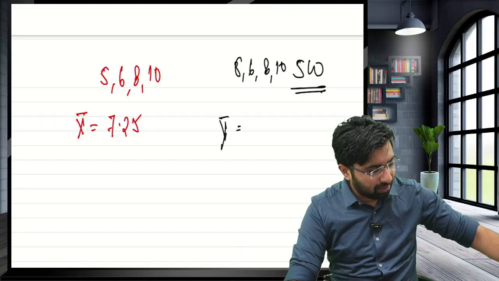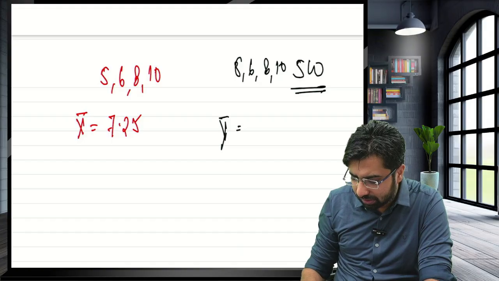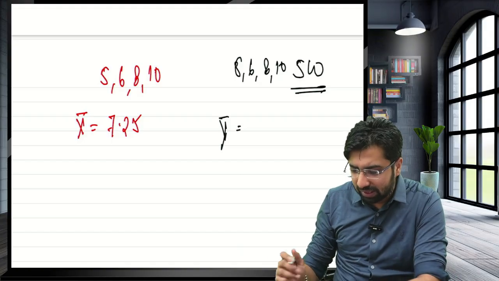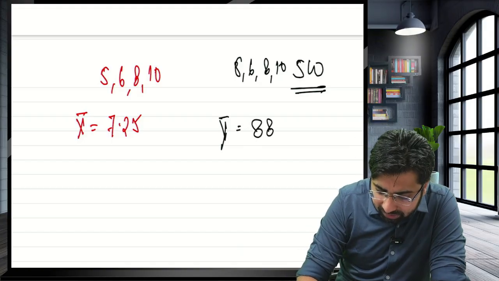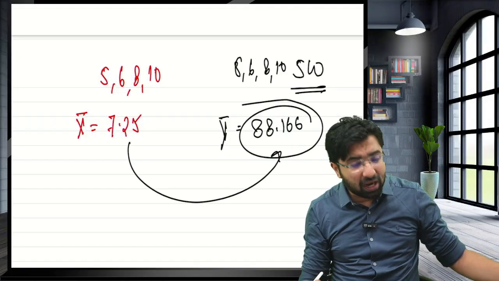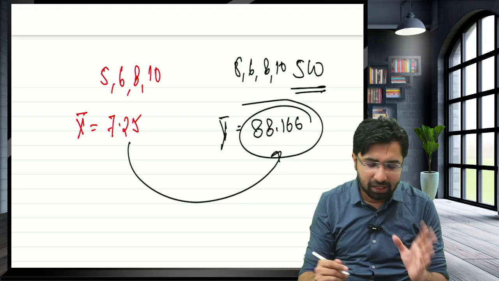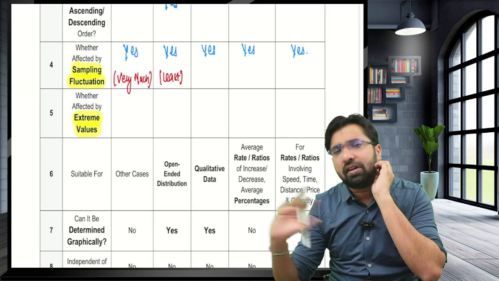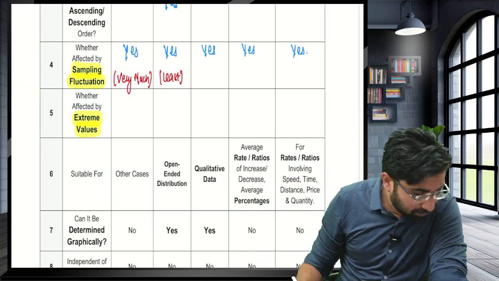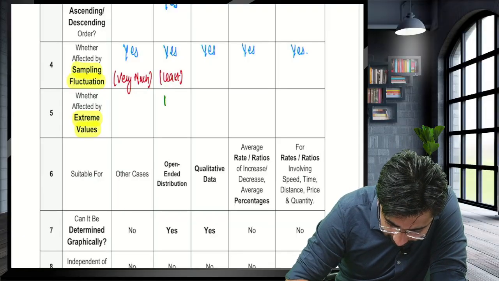Sum of all the observations, 5 plus 6 plus 8 plus 10 plus 500, divided by 6. Guys, can I say the mean is drastically shifted? So, guys, if you add the extreme value, which will have the effect and which will not have the effect? Guys, 100% everyone will have the effect. But, guys, we will say that the median will have no effect.